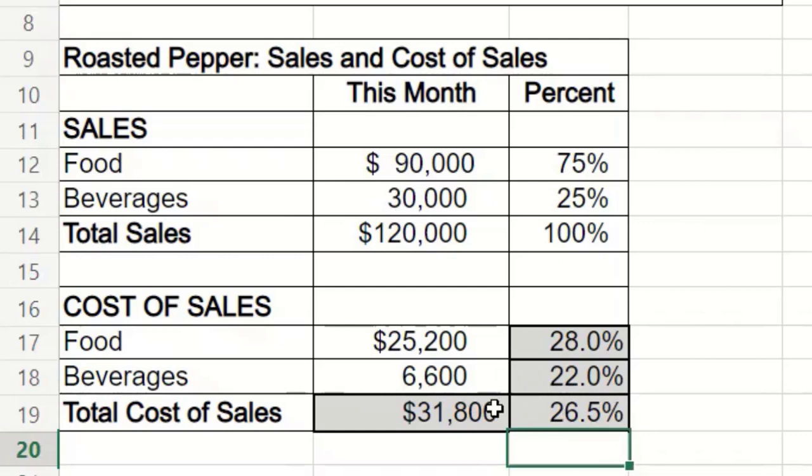Okay, it's going to balance out that total cost of sales there, and you're going to see an adjustment. So it's important to know the difference between how your food cost acts and your beverage cost acts, because if you see a change in your percentage or your costs, it might just be because maybe you're selling more of something different.